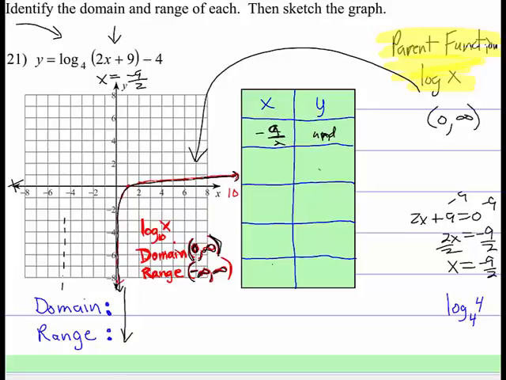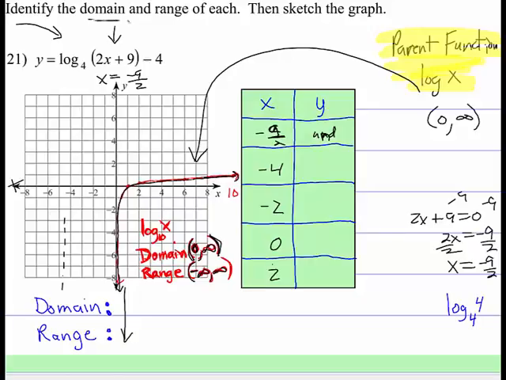So then just put in some values above that, and then you can go ahead and graph. So maybe if that's negative 9/2, you would type in negative 4, negative 2, 0, 2. Whatever you're going to do after that, I'm going to leave that up to you.